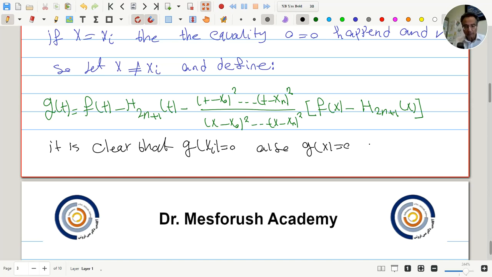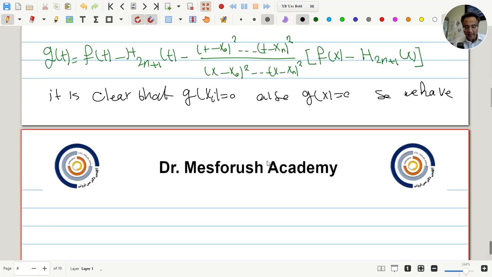Okay, so here I have n plus 1 zeros, and here 1. So we have n plus 2 zeros for g of t equal to 0.